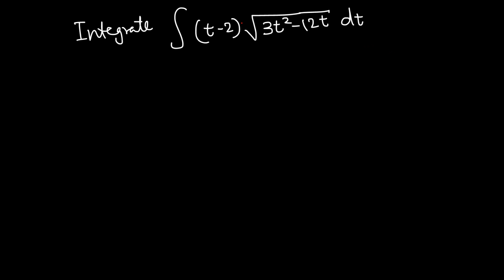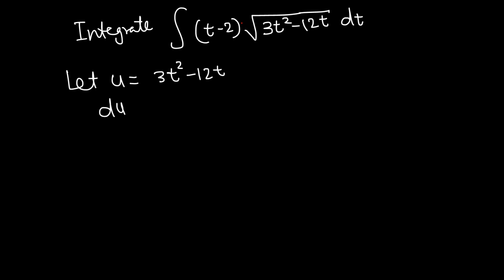Okay, so what we can do here is assume this complicated function inside the radical sign is u. So let u be 3t squared minus 12t.